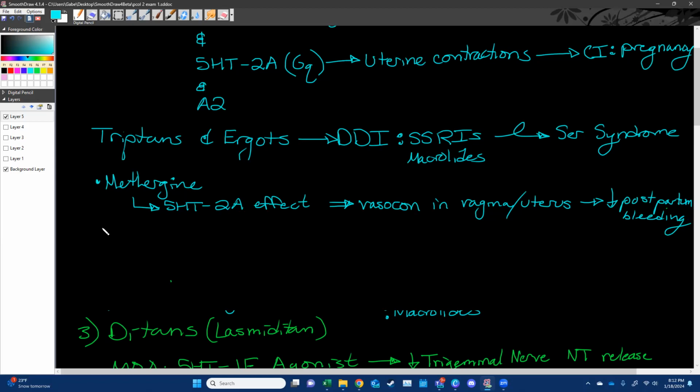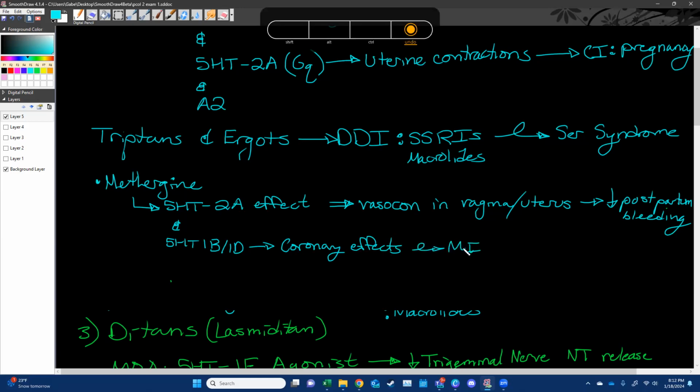Because again, if you give methergine, even though we're trying to use it for its 5-HT2A effect, you're also getting 5-HT1B and 1D, which might mean coronary effects. So the drawback to using methergine is you might cause a heart attack. So yeah, you stop their postpartum bleeding, but now they're at risk of a heart attack. So not great.